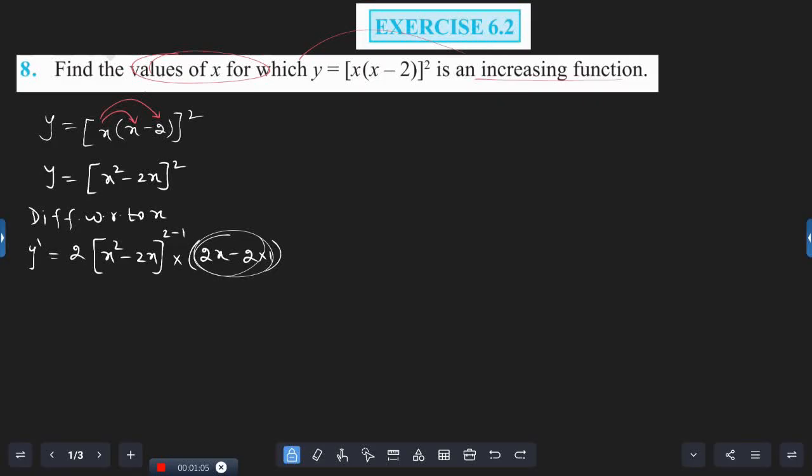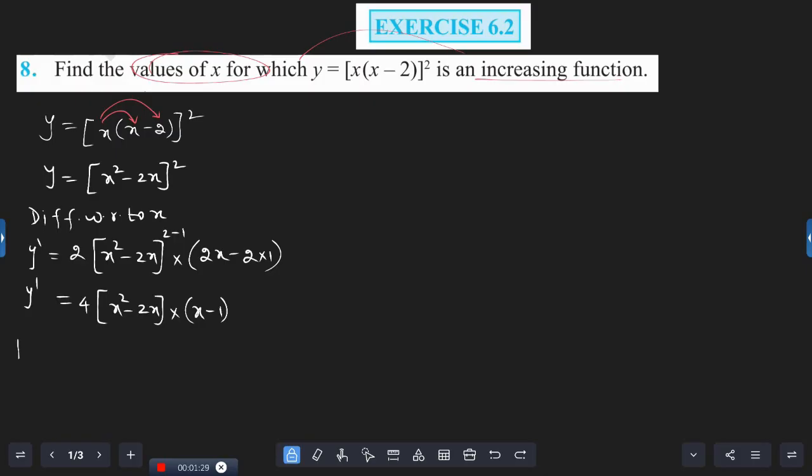From here you can take 2 common outside. Already we have a 2 here, one more 2, so 2 twos are 4. So 4 into x square minus 2x whole power 2 minus 1, that is 1. Leave it, into 2 already taken outside, so x minus 1 is the remaining. So this is the y dash.